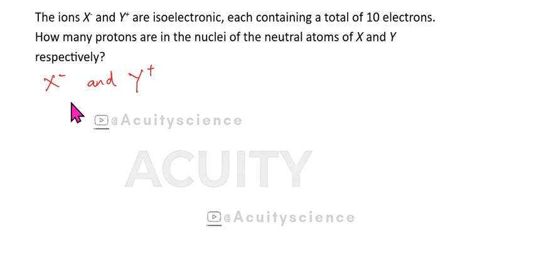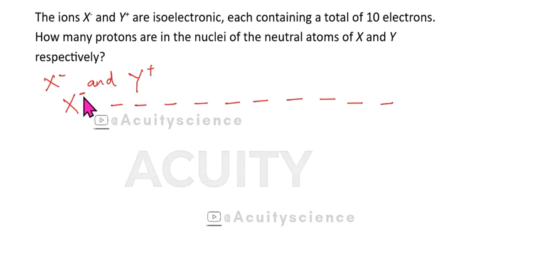Okay, let's analyze. Let's start with X minus. X minus has 10 electrons. So 1, 2, 3, 4, 5, 6, 7, 8, 9, 10. Now there is an extra negative charge up here, making this an anion. Negative charges are for electrons, positive charges are for protons.